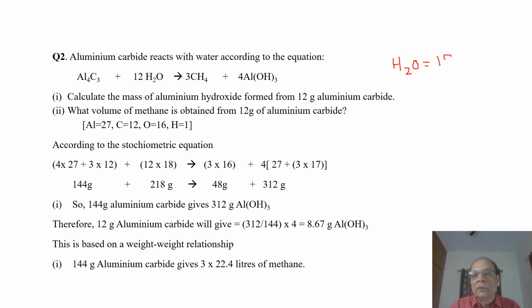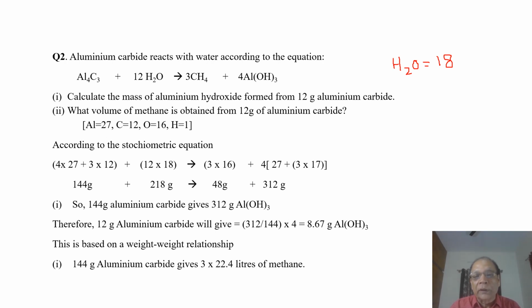And therefore we have 12 molecules of water here, so we have 12 into 18, which is 216 grams. And this gives, after reaction, CH4, 12 plus 4 is 16, so 3 into 16 is 48 grams CH4 methane.